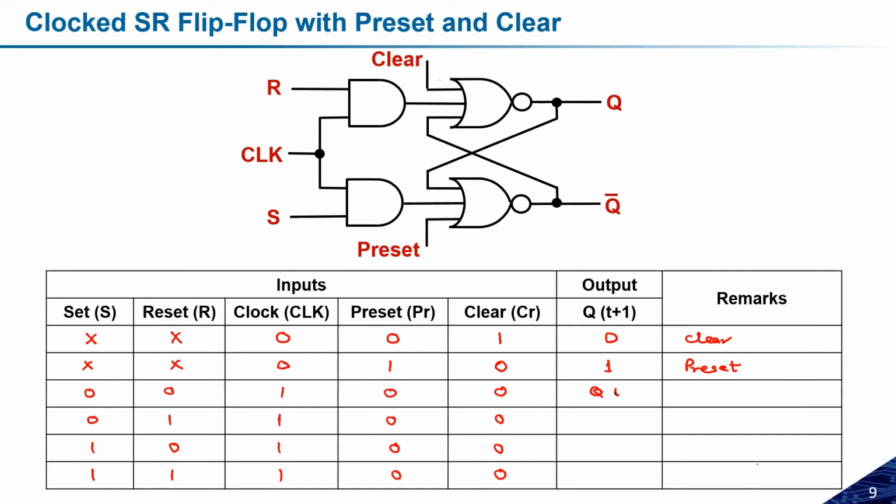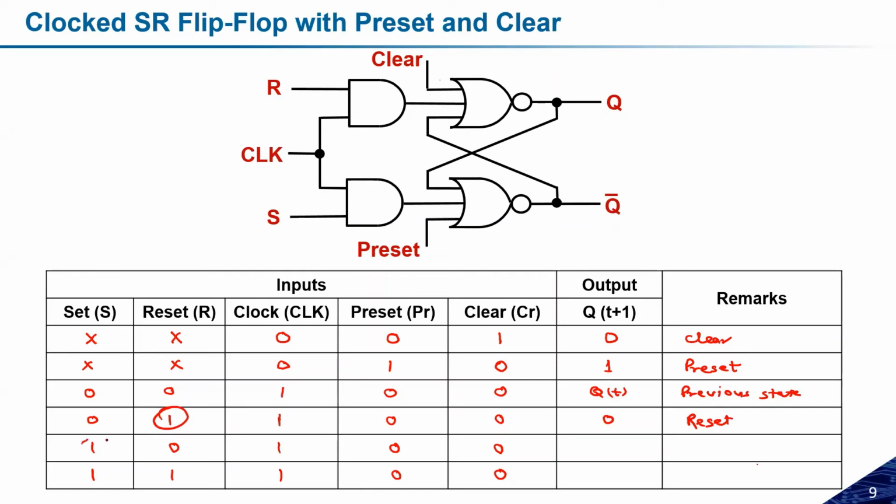That is nothing but Qt. So this will be the previous state. Next, if S and R are 0 and 1, then because reset is activated here, it will be 0. It means it will reset.